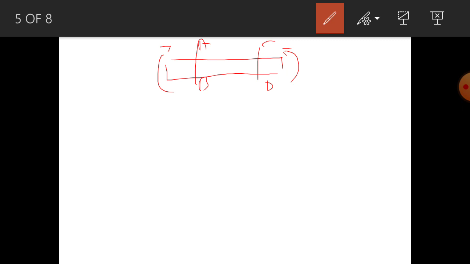Once you apply these moments M, the beam will bend like a curve, as we have assumed. Actually, when we apply the moments or loads, it will not bend to this extent. The curvature will form, but it is very negligible.